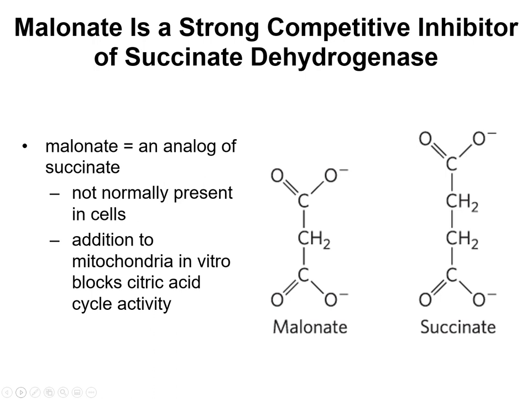But if you add this compound to mitochondria in vitro, which just means on the bench, then you can actually block citric acid cycle activity, which, as you could imagine, would be totally terrible if it were a living person or animal.